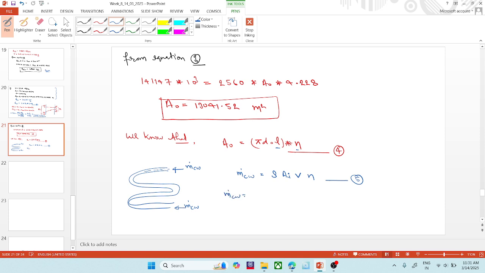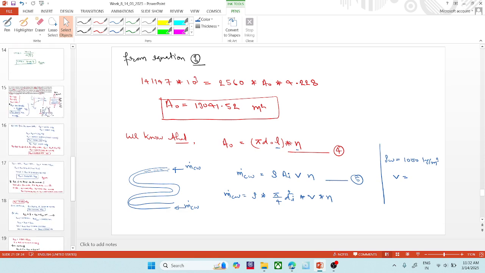So m dot cooling water would be rho. Let's consider rho of water is equal to 1000 kg per meter cube. This rho into the internal area, which would be pi by 4 into di square, into V into N. This V value is given to us in the problem statement.